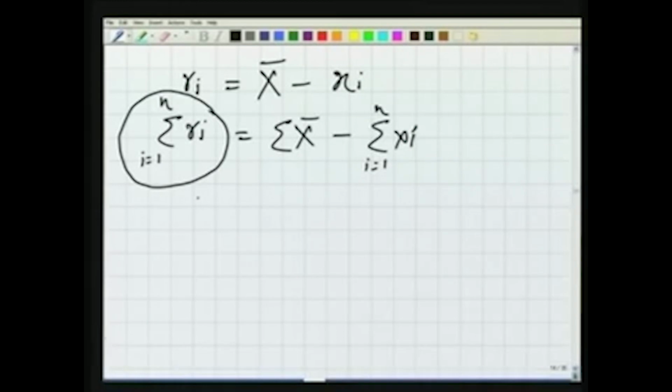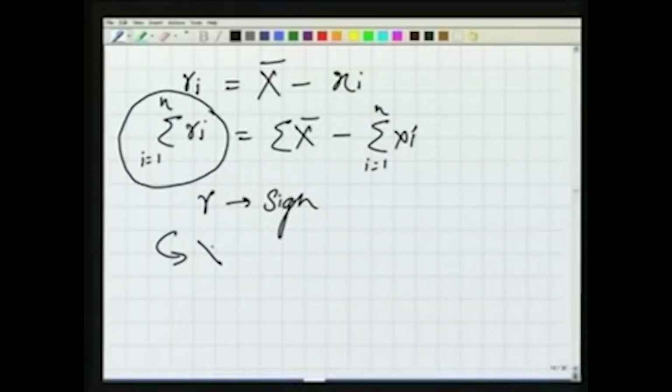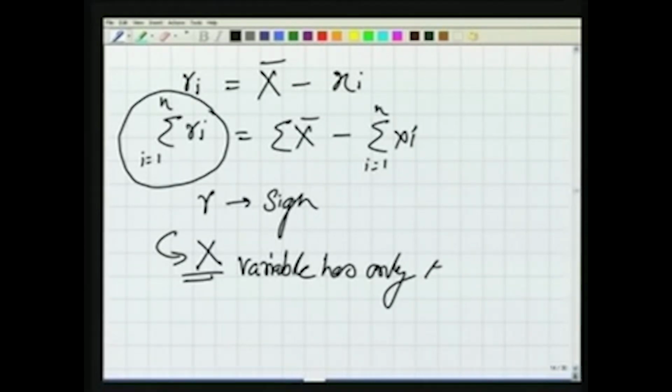What will be the sign of the residual? We are talking here only in the case when our observation, our variable, has only random errors. Let's be clear about it. Whatever we are talking about here, our observation has only the random error in it.